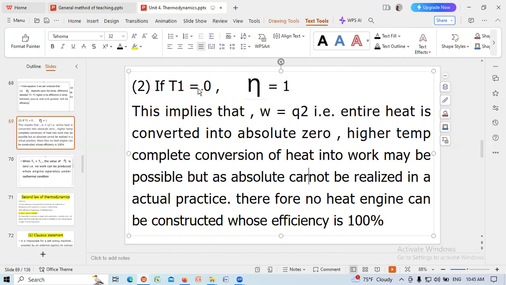If T1 equals 0, eta equals 1, which implies that W equals Q2, that is, the entire heat is converted into work at absolute zero. Complete conversion of heat into work may be possible, but absolute zero cannot be realized in actual practice.